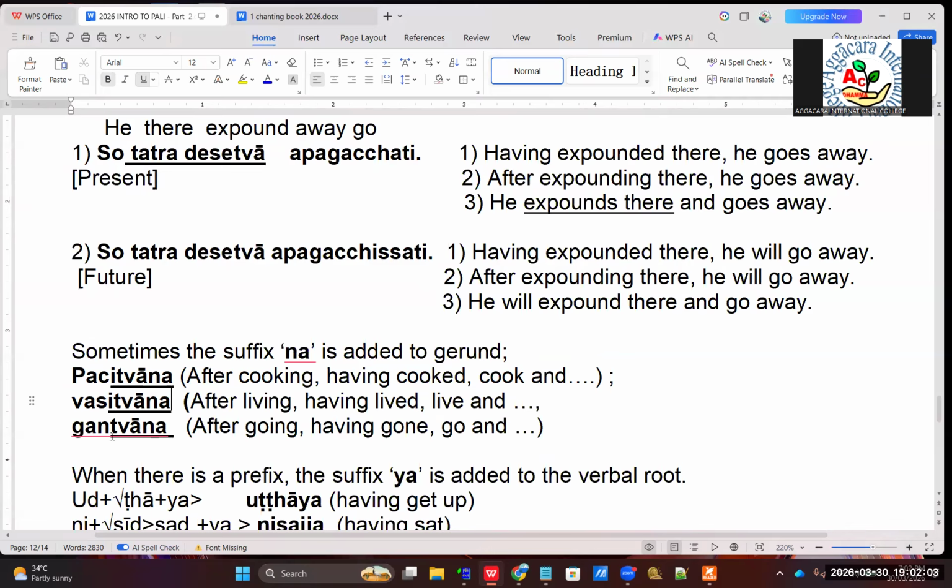All right, without the i, it's only gan and tvana, after going, having gone. So where you get vasitva is from the word vasati. Vasati means dwells. So you take vasa and you add itvana. Gantva is actually from the word gacchati. But for gacchati, the root is gam. So gam plus tvana. So this one, you change it to n.